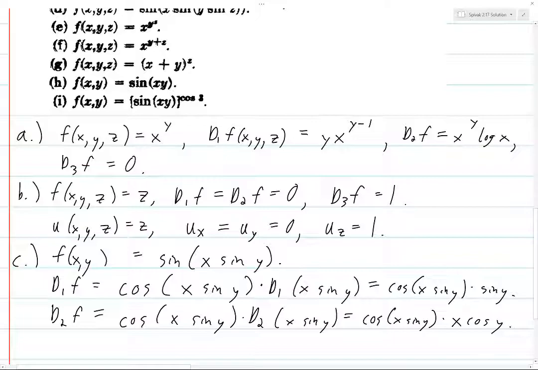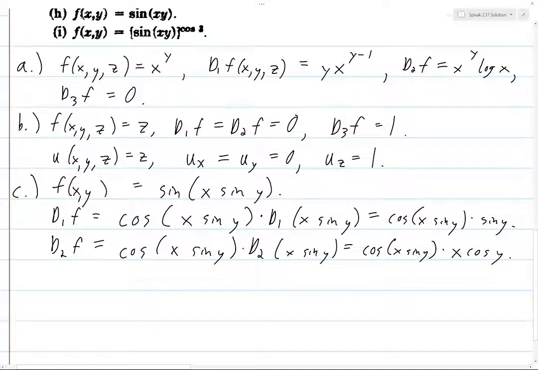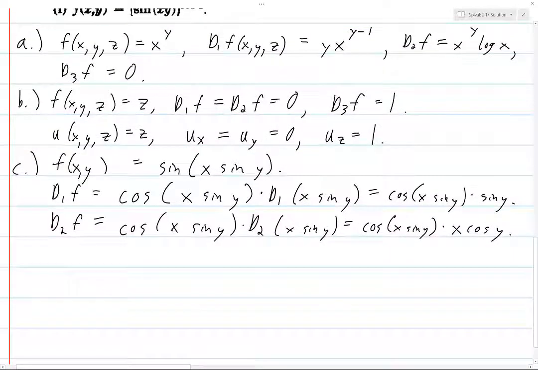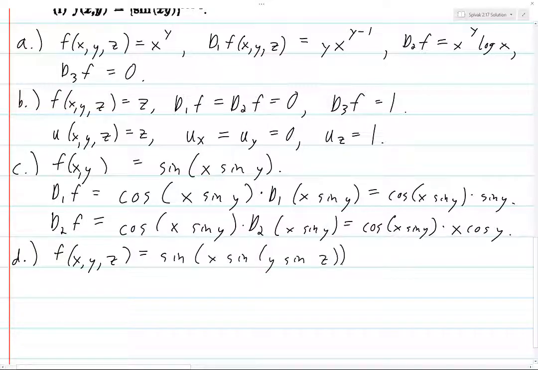Alright. Oh man, we go all the way to I. Okay, and these start to get harder. So f of x, y, z equals, oh boy, sine of x times sine of y times sine of z. So this is just more chain rule. d1f is going to be, we start at the very outside.